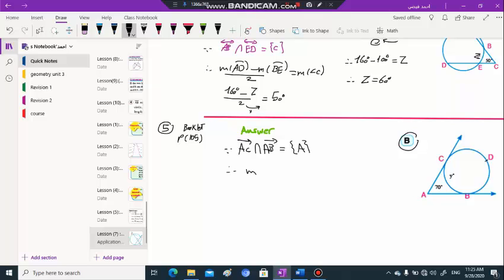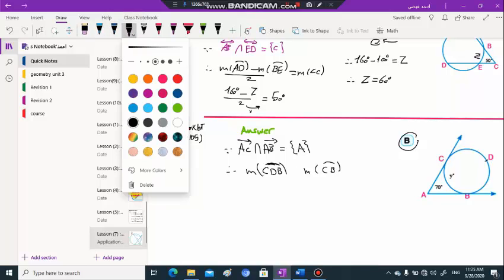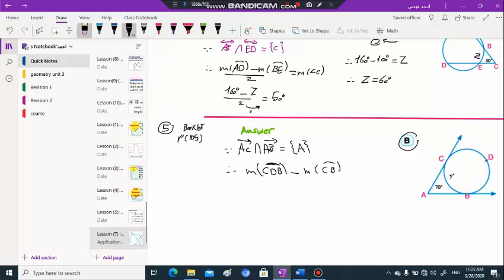Therefore, the measure of arc CDB minus the measure of arc CB, divided by 2 equals 70 degrees.